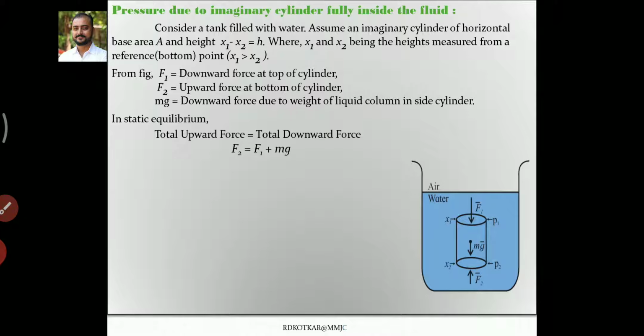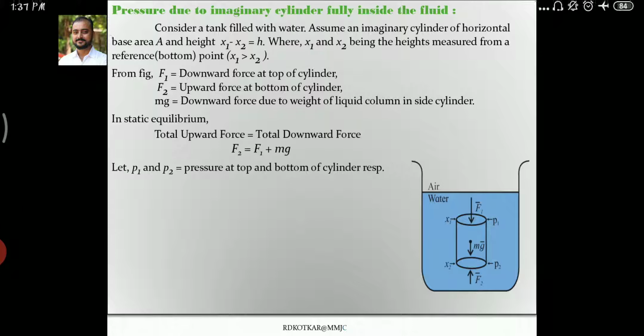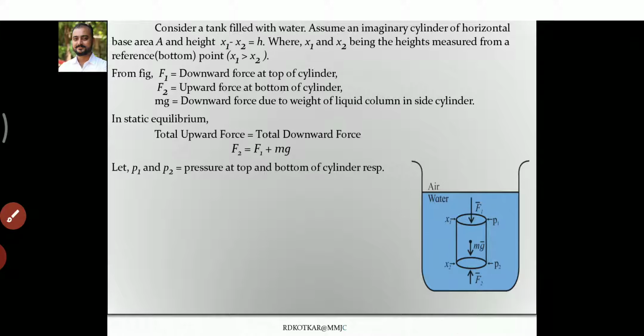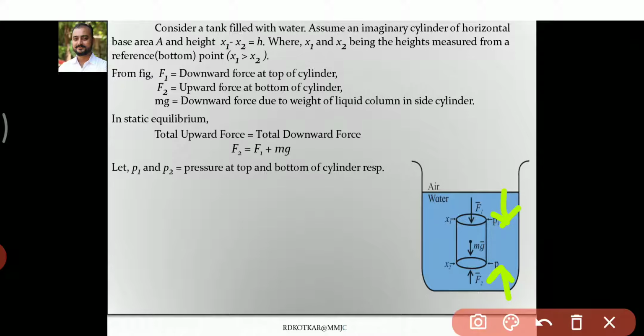Now let us consider that P1 and P2 are the pressures at the top and bottom of the cylinder. Due to the force F1, the pressure exerted at the top is P1, and the pressure exerted at the bottom is P2, which is due to the force F2.